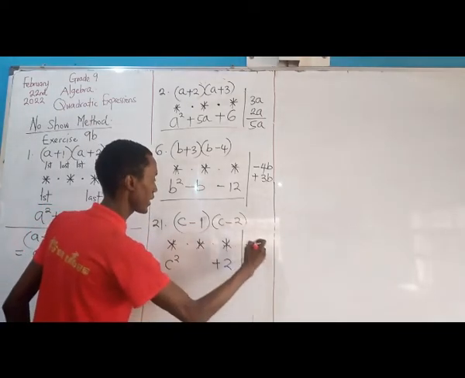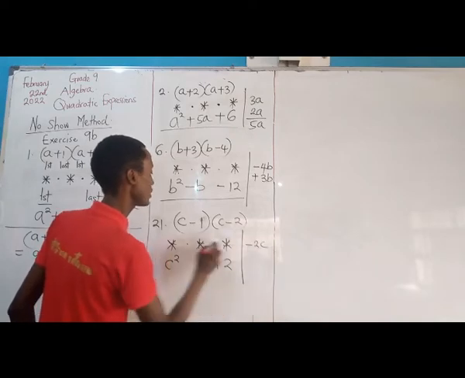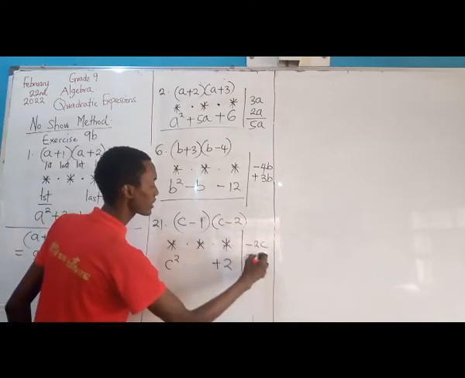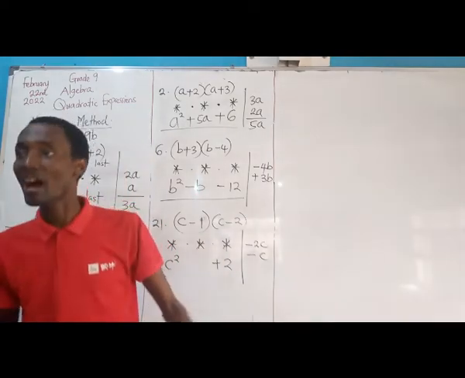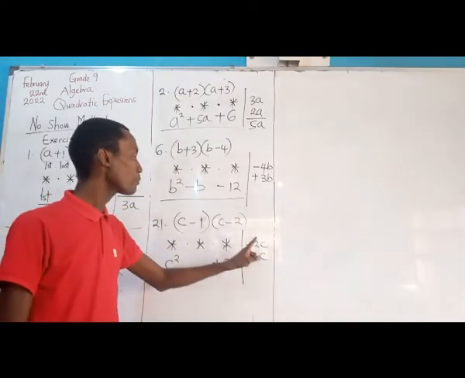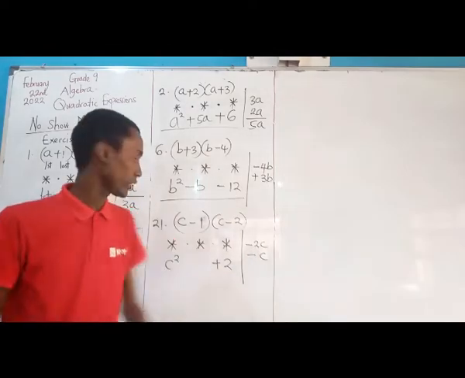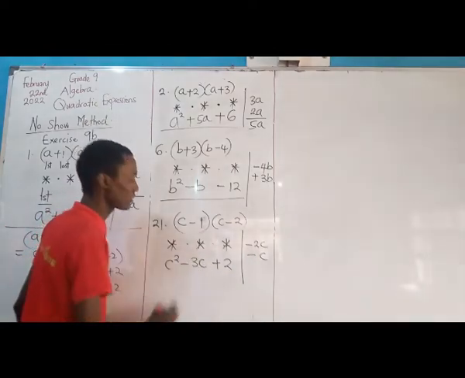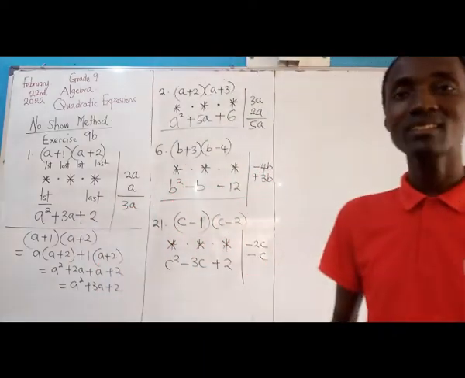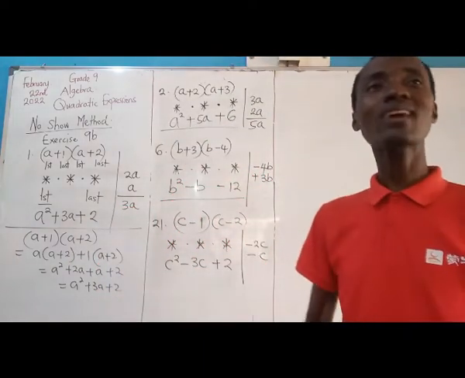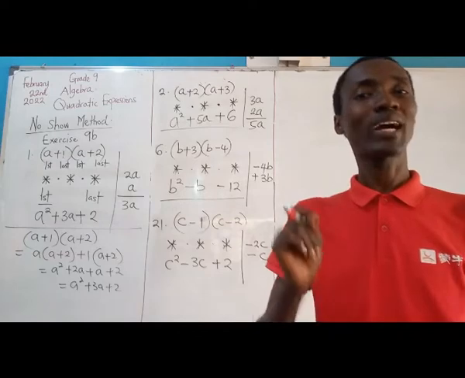I write here, negative 2c. This time this will give me negative c. I don't have. So I'm doing addition. 1 plus 2 will give me 3. So that will be minus 3c. And I'm done. So you see that if you know what you are doing, in less than 30 seconds, no matter how complex the problem is, you can get your answer.